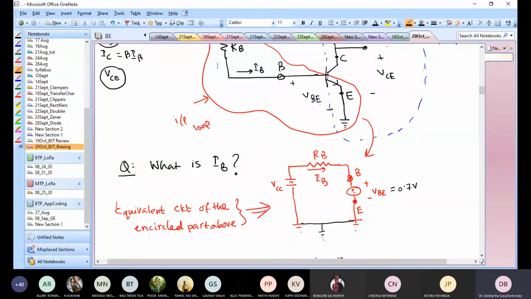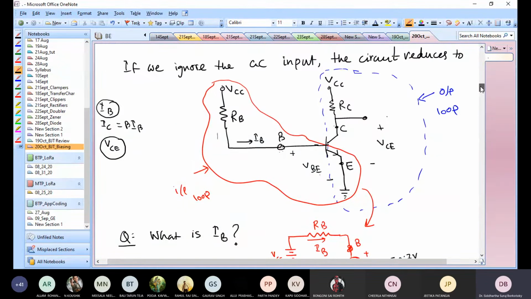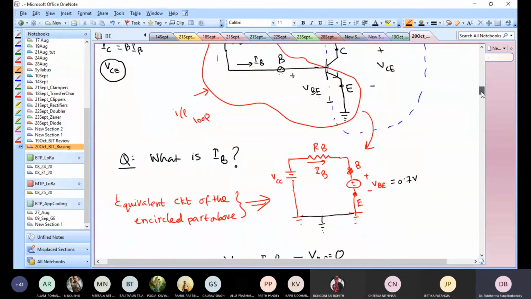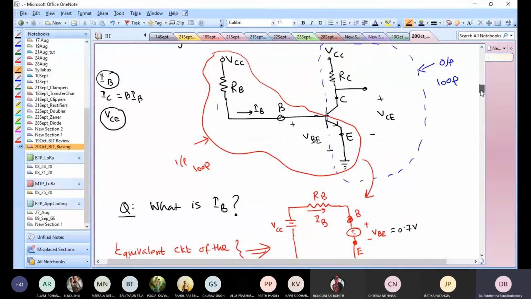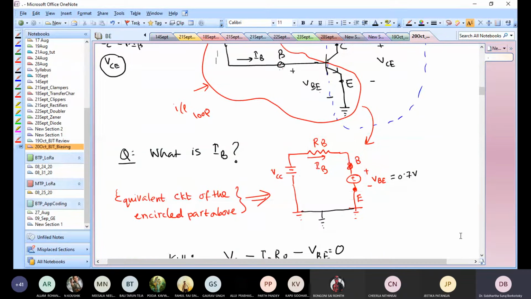For IB, I just looked at the input side of the circuit. Again, I redrew it in the form of a more familiar loop. So this circuit is exactly the same as this input loop. So I have VCC, RB, voltage drop of VBE, and the ground.